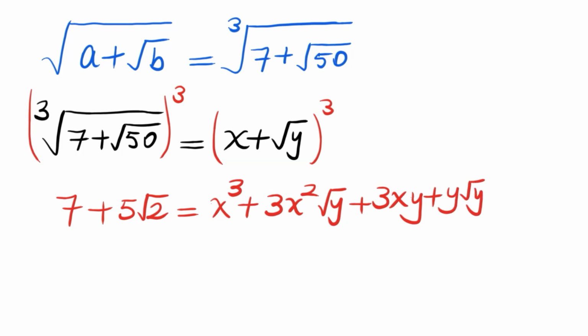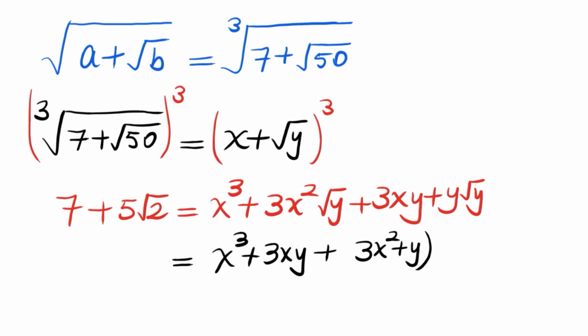This is nice. Let's group the right hand side a little bit. The rational parts here are x cubed plus 3xy, and the irrational parts, let me group again, 3x squared plus y, all multiplied by root y, and this is equal to 7 plus 5 root 2.